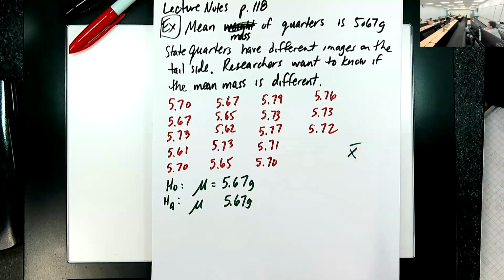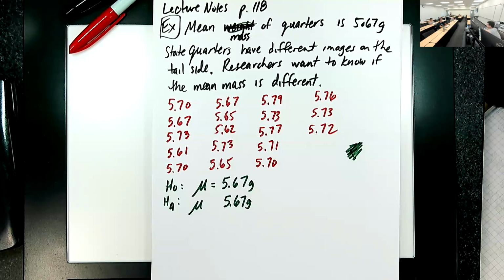That's the sample mean, yeah, but not it. Good thinking though. It's like the equal sign with a cross through it. Yeah, not equal. Yeah, that's HA. That's step one.